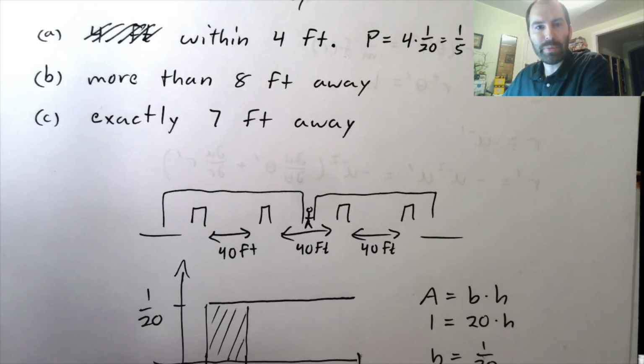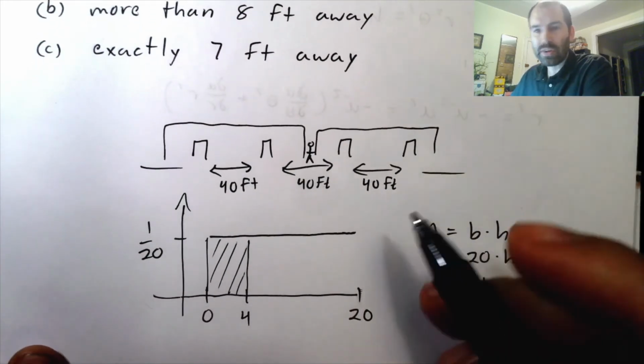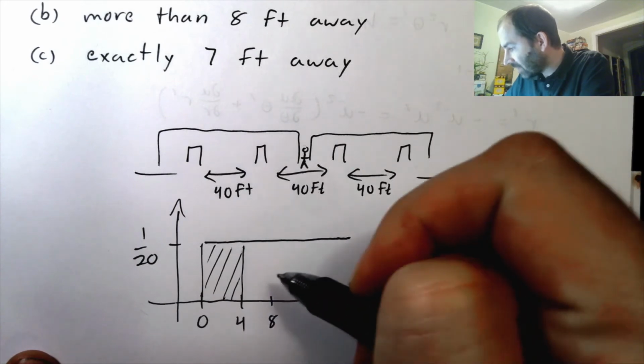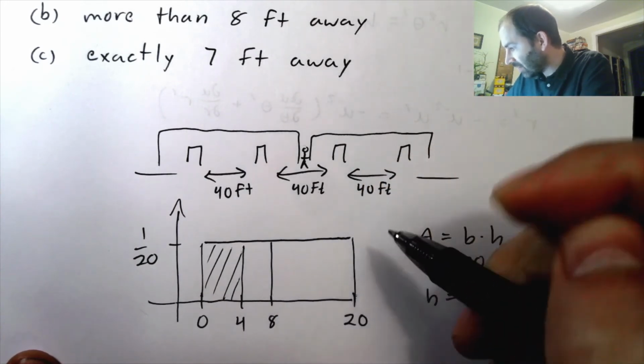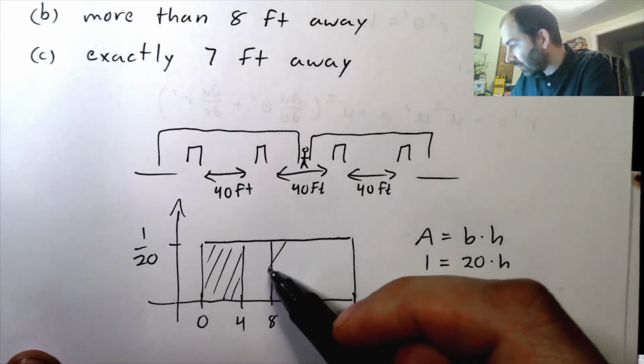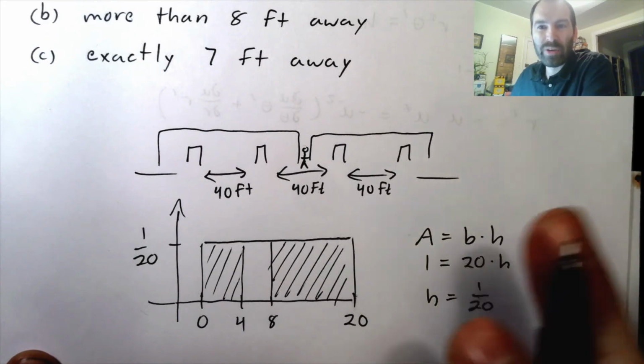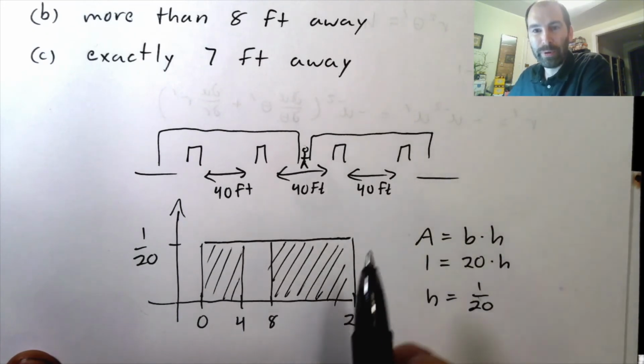That's the probability. What about the probability that it's more than 8 feet away? Well, let's look at the picture. More than 8 feet means maybe 8's over here. So it's over here. 8 or more and more than 8 don't matter when it's a continuous random variable, remember.